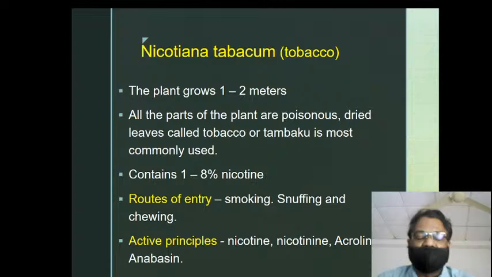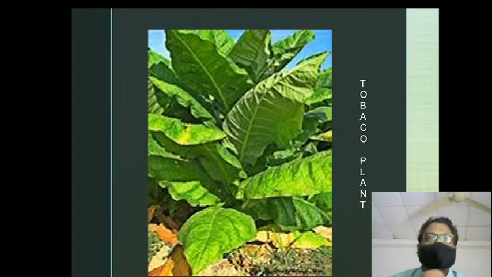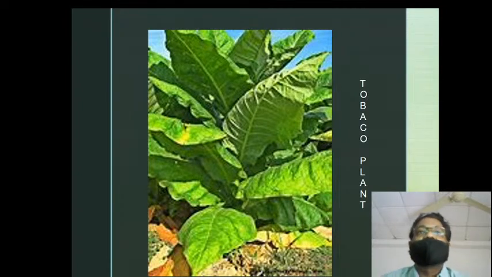It can enter the body by smoking, snuffing or chewing. So this is a tobacco plant, especially the leaves, which are very broad. These leaves are dried and made into powder, and most of the time it is used in smoking, especially in the preparation of cigars.